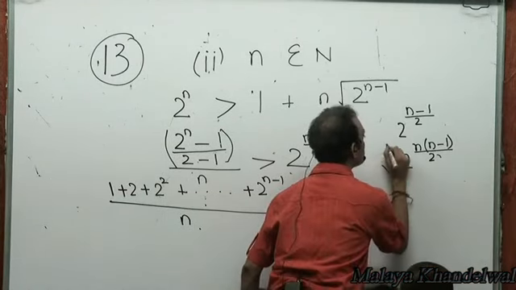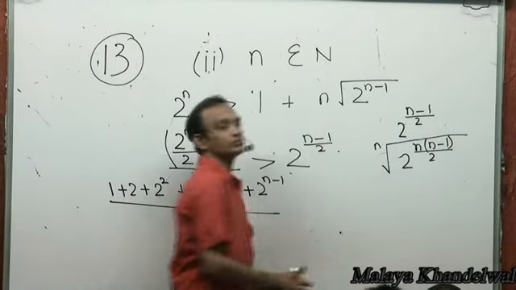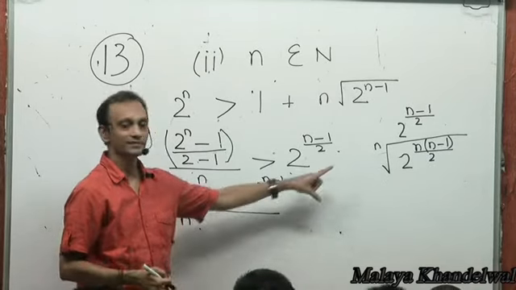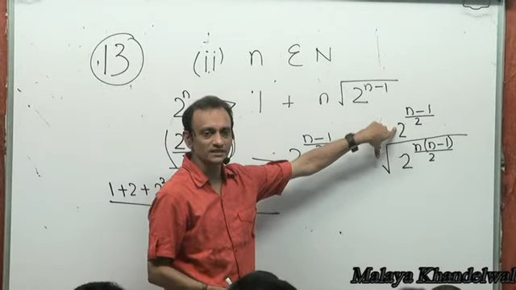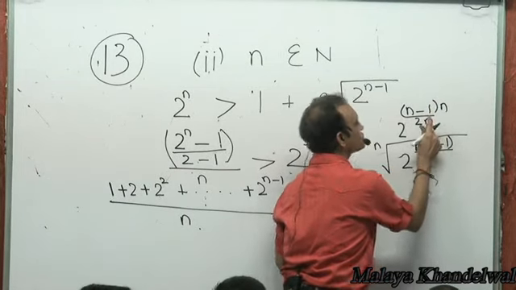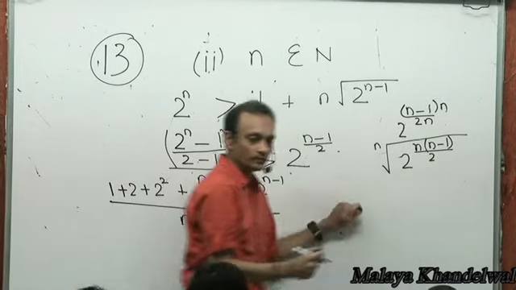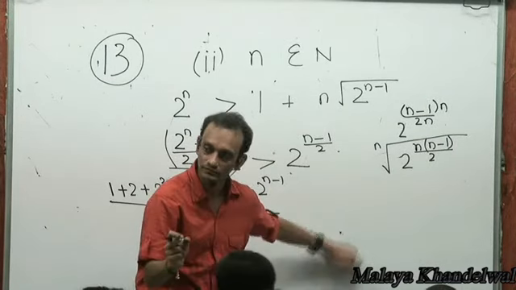So it is the nth root of this. Can I not write it like this? It's as if into n by n. So this is the nth root of 2 to the power n into n minus 1 by 2. Right? Clear?